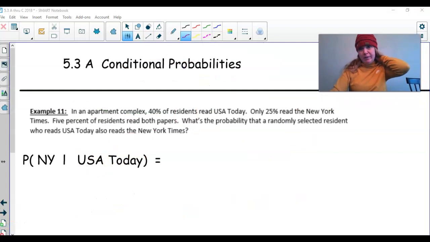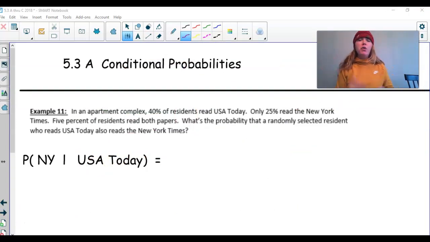Here we have an apartment complex where 40% of residents read the USA Today, 25% read the New York Times, and 5% of residents read both papers. What's the probability that a randomly selected resident who reads the USA Today also reads the New York Times? Let's read this slower.